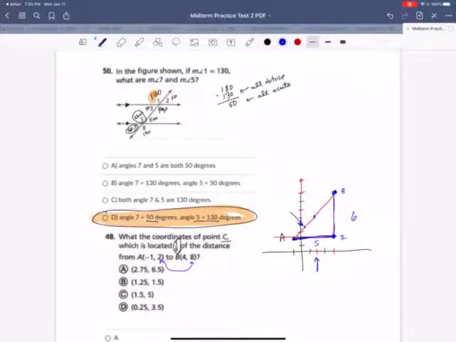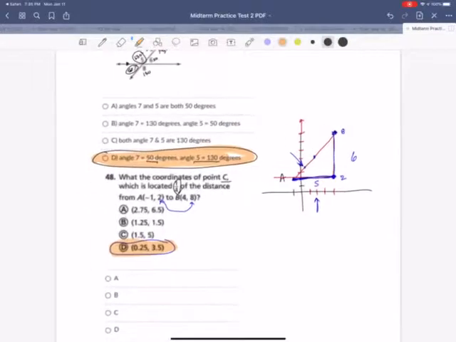So it looks like I'm at about not quite 1, but maybe a half a 1, and then it looks like I'm up 1, 2, 3, and a little more. So my guess is D. That's kind of my guess.